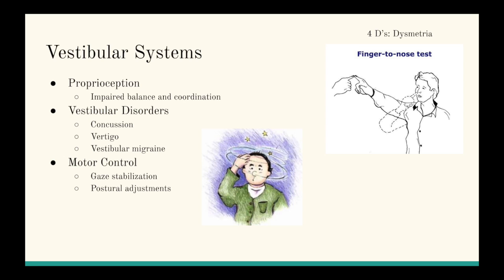Since the vestibular system is responsible for postural control and movements of the eye, one who has a TBI could have impaired gaze stabilization as seen on the previous slide, as well as problems with postural adjustments. All of these vestibular disorders and impairments could affect many ADLs, such as walking and running, as well as some IADLs, such as working at an active job.